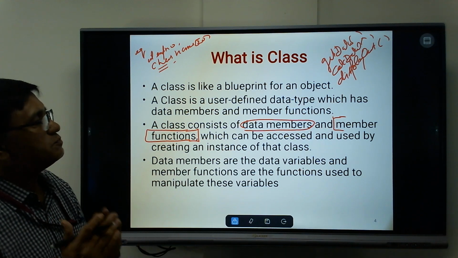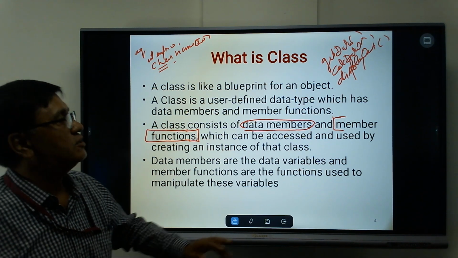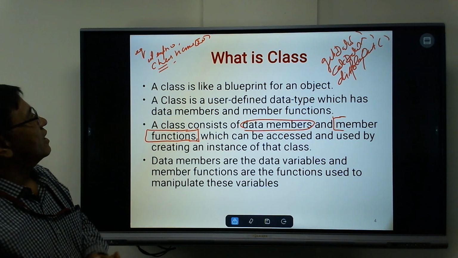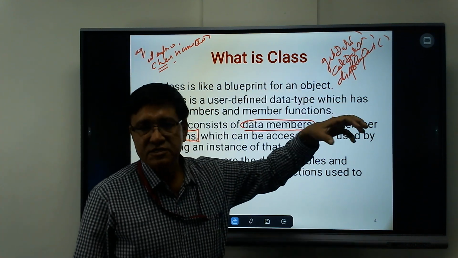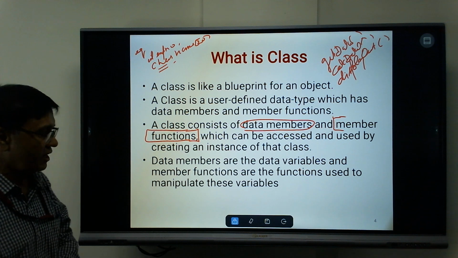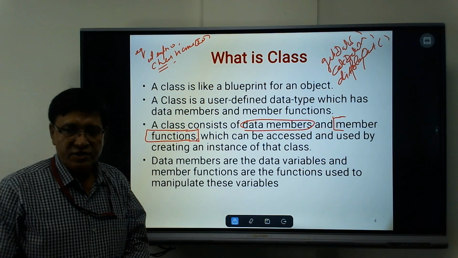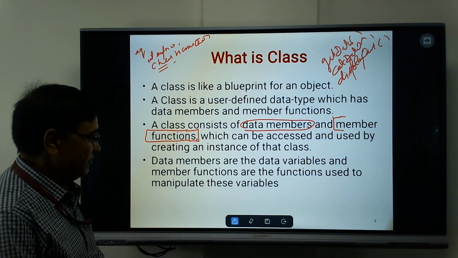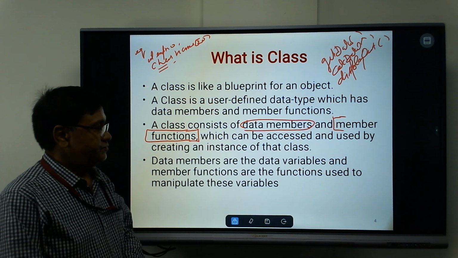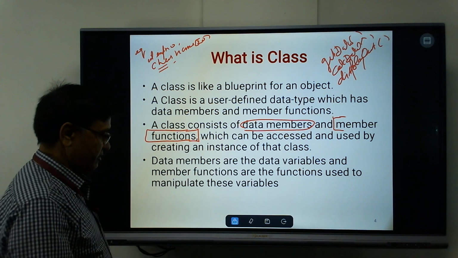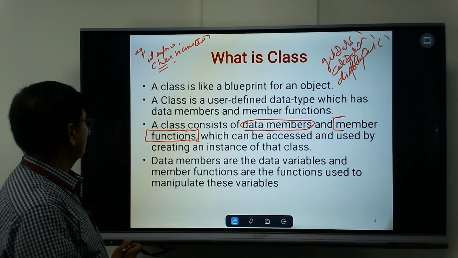All the display and output statements will be in the display function. So when we make the class, these variables and these functions are in one entity, that is the class. And when we create the object, then we call the functions and we achieve the objectives of calculations and all.